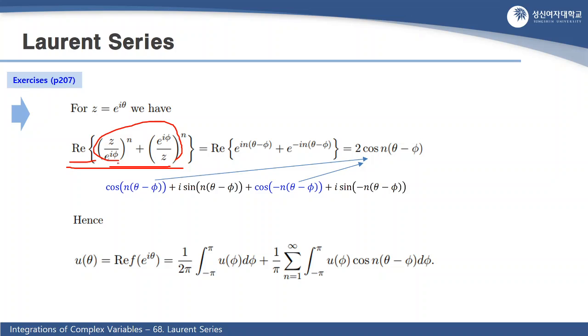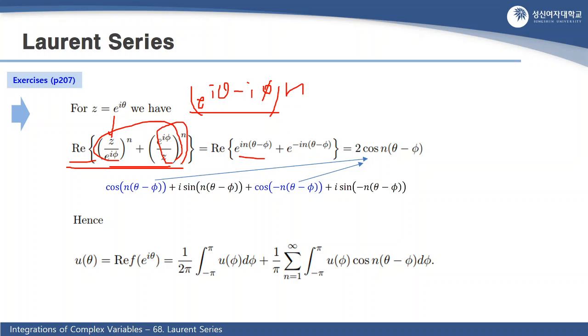To compute the real part of this, in the denominator we have e to the i phi, and also z is e to the i theta, and we plug in this e to the i theta, negative i phi, to the power of n. So we get this.